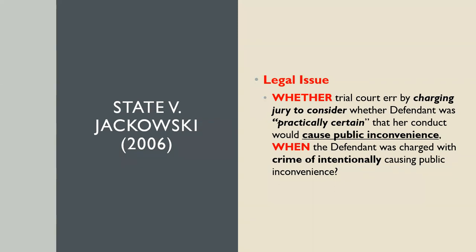Again, we're going to set up the legal issue as a whether-when format. Whether the trial court erred by charging the jury to consider if the defendant was practically certain that her conduct would cause public inconvenience, then that was enough to charge her of the crime of intentionally causing public inconvenience, right?